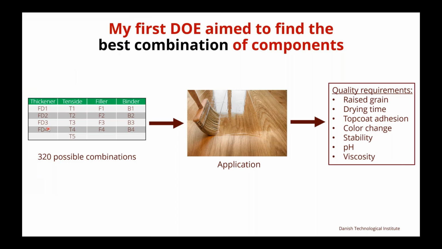And you can combine these, as I've written here, in 320 different ways. And then our goal was to figure out a combination that would allow us to pick one from each category. Then they would make that formulation, apply it to some floorboards, and measure a bunch of things that had to be within a certain product quality range to get a useful product.